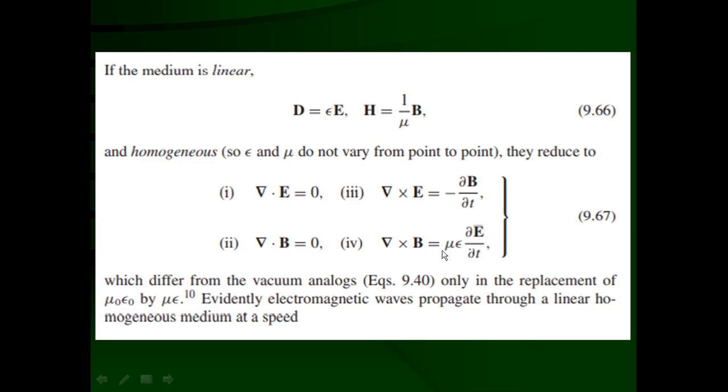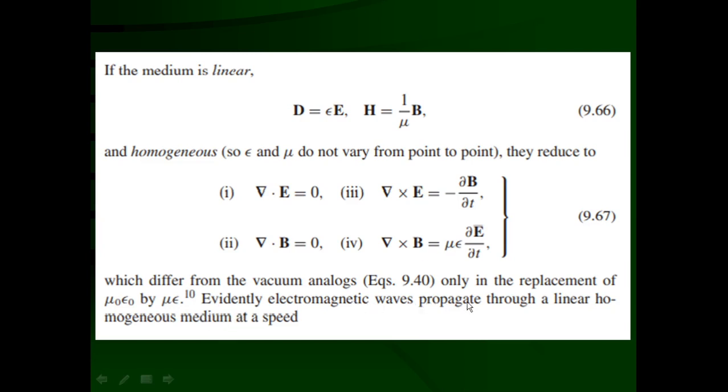So you can see that these are the equations we already obtained in equation 9.40, written for electromagnetic waves propagating in a vacuum or free space, where mu 0 and epsilon 0 were there. In a homogeneous medium of matter, these are replaced by mu and epsilon, the permeability and permittivity of the matter.